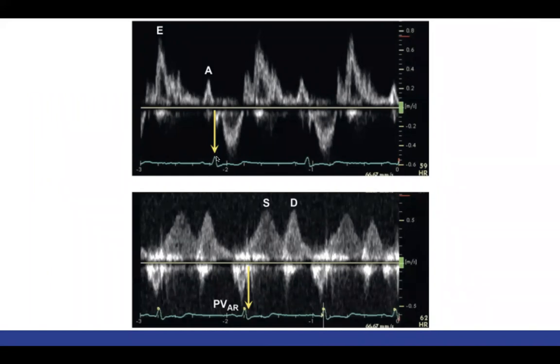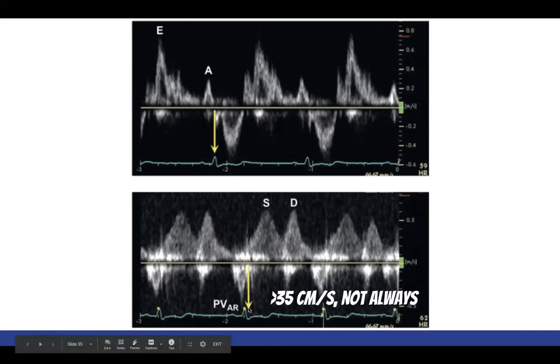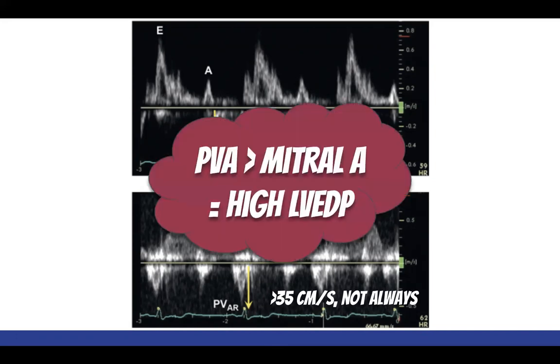You can see here the mitral A wave ends around the top of the R wave, but the PVA ends later. It should be, but not always, more than 35 centimeters per second, and if it's longer than the mitral A, then this is another sign of high filling pressures.